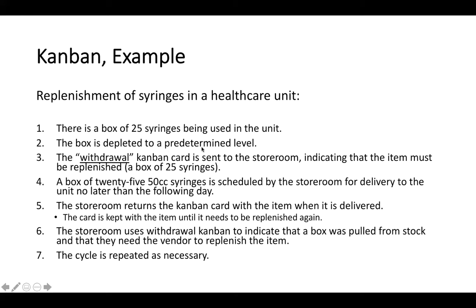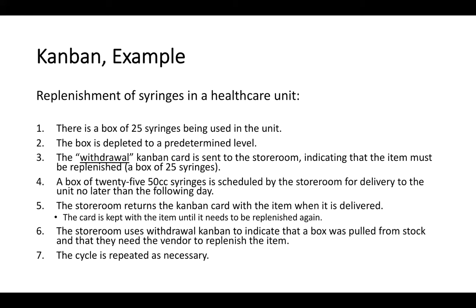The reason that we don't wait till we finish everything and then place an order is that the supply room, the storeroom, may take some time to provide another box of 25 syringes. Because of that, we don't want to finish everything before we place an order. That's why here we said, wait till you get to a predetermined level. Wait till you get to, for example, 5 syringes in the box, and then place the order.